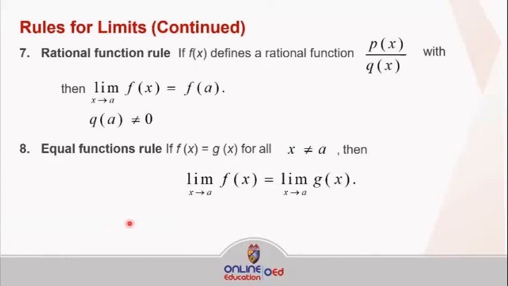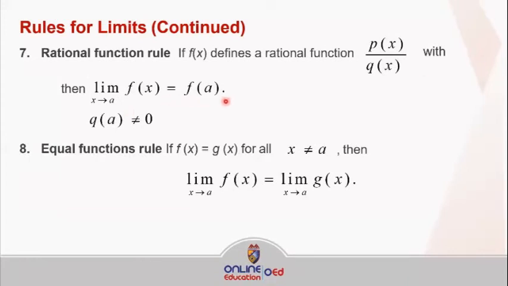Then next natin is yung rational function rule. Familiar naman kayo kapag meron tayong rational, ito yung mga naka-fraction. If f of x defines the rational function, p of x over q of x, then the limit of f of x is equivalent to f of a.